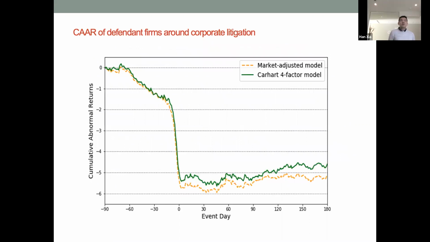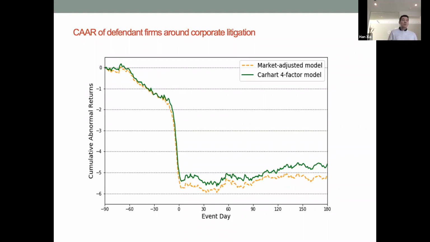All right. So now here is the first picture showing you how the stock market reacts to the litigation. This is the plot of the CAR of defendant firms around litigation. On the x-axis, you will see the event days, and day 0 is the date when the litigation was announced.